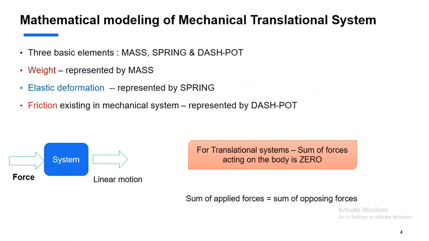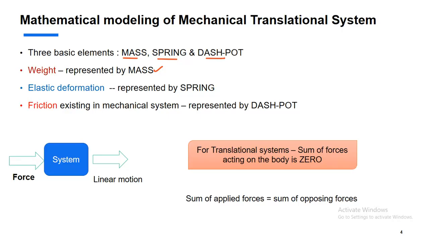Let's see the mathematical modeling of a mechanical translational system. If you want to model a mechanical translational system, we use three basic elements: mass, spring and dashpot. These three elements are used to model a mechanical translational system. Here the weight of the mechanical system is represented by mass.